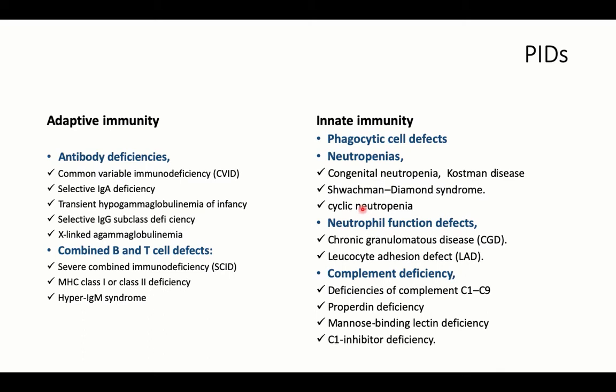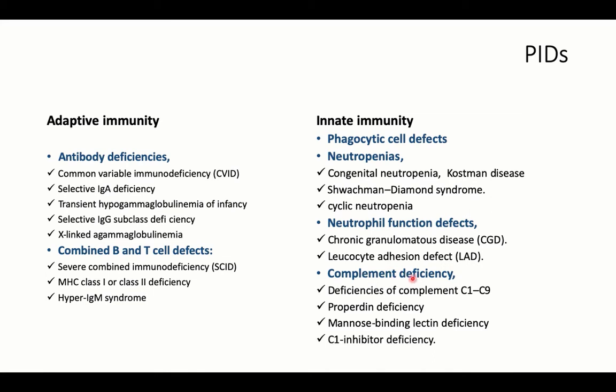Also, cyclical neutropenia is one of the neutropenias presenting with some immune deficiency manifestations. The disorder in neutrophils can be in their function, a neutrophil function defect, with normal numbers. This includes chronic granulomatous disease and leukocyte adhesion defect.